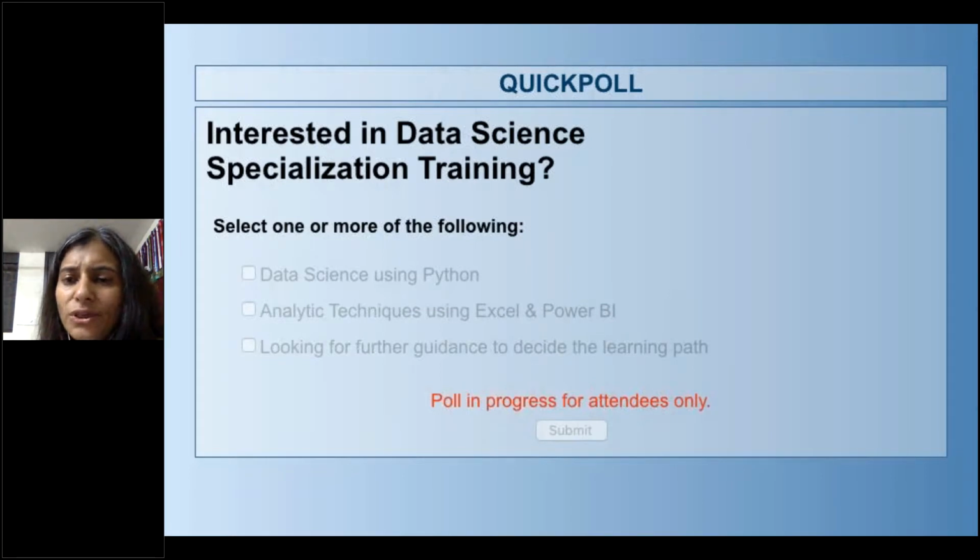Asim asks, what should be the next specialization after data science with Excel? I would say you should start doing your projects, and based on the tool which is used there, you will be able to learn yourself.